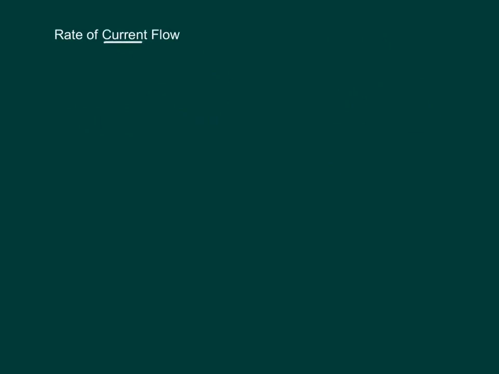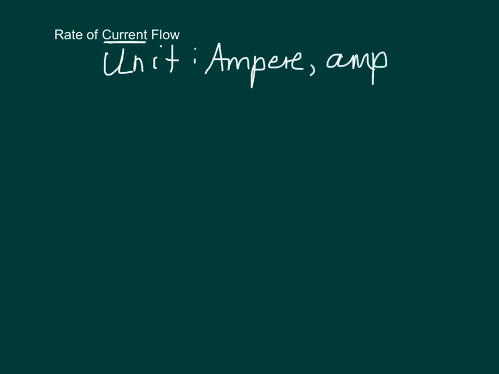We're also going to talk about how fast current flows. When we talk about current, the unit of current is an ampere, or some people just call them amps, or you just put a capital A for amp. And 1 amp is 1 coulomb per second.